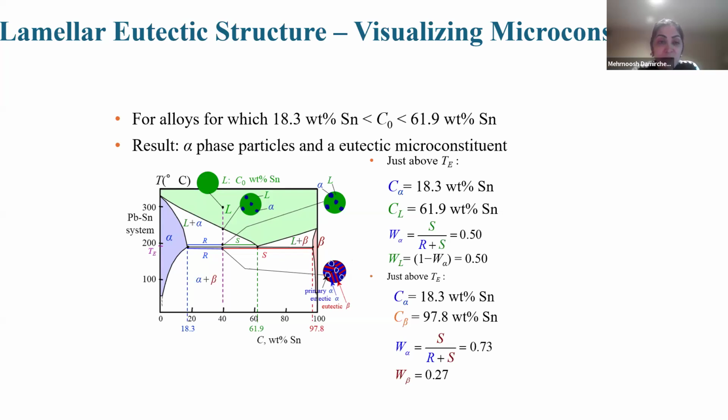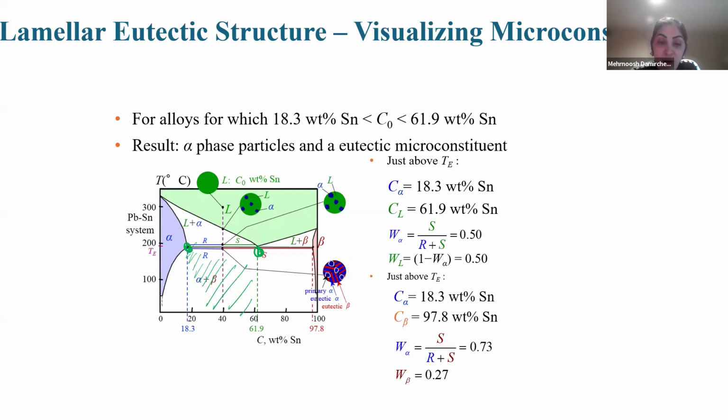For example, we say that if the Sn weight percent should be between this point, 18.3, and this point, this C0, or weight percent Sn, means if we are in this region, what's the meaning? Means we have alpha plus beta. But for alpha, we have two structures. One of them is eutectic alpha, another we have primary alpha.